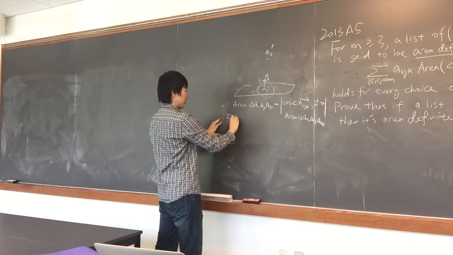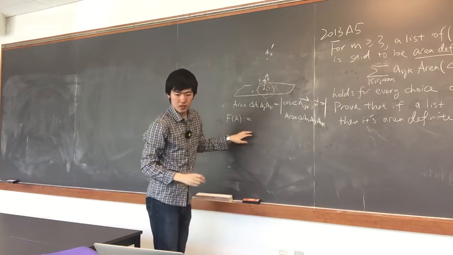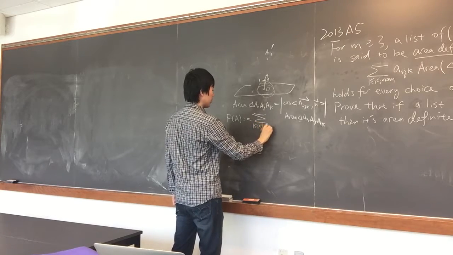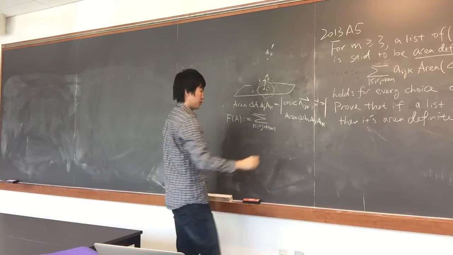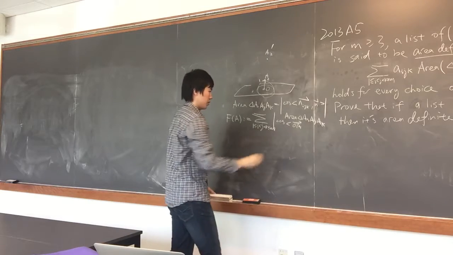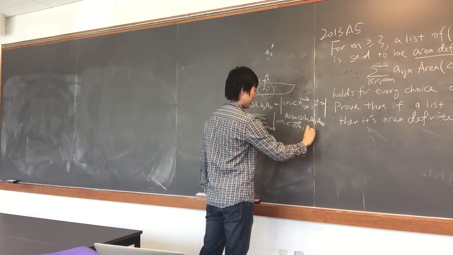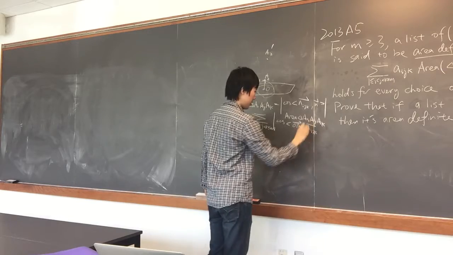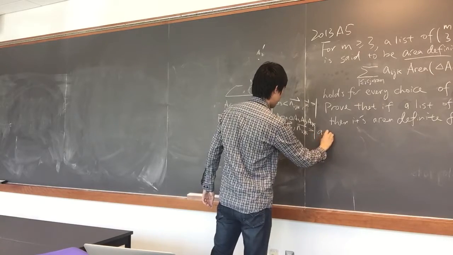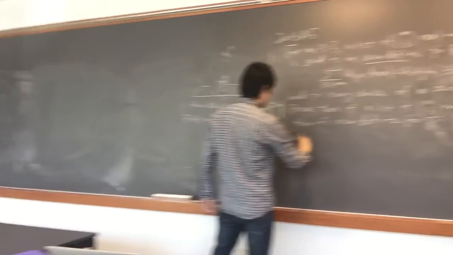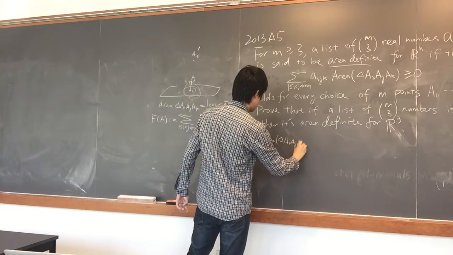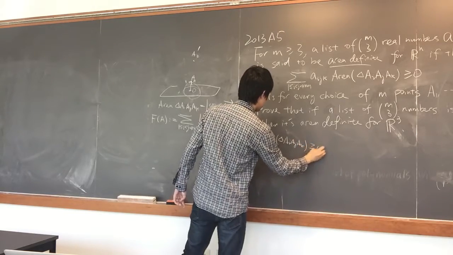Let's define the function f of A as the sum over 1 smaller than i, j, k smaller than or equal to m of cosine of OA, nijk, times area aijk, larger than or equal to 0.